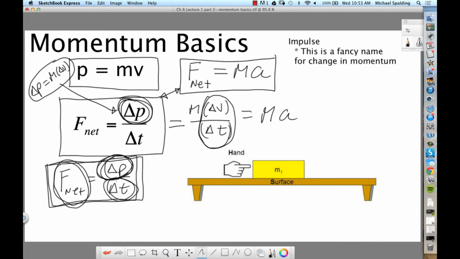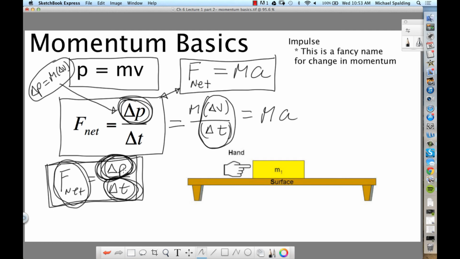Does it take a longer time or a shorter time? If the time is shorter, the force is higher. If the time is longer, that's a bigger denominator and the force is smaller. But either way, the change of momentum is non-negotiable. The water balloon goes from having a momentum to no momentum.